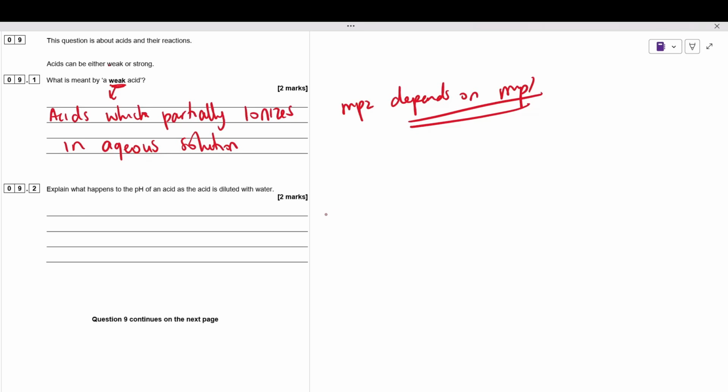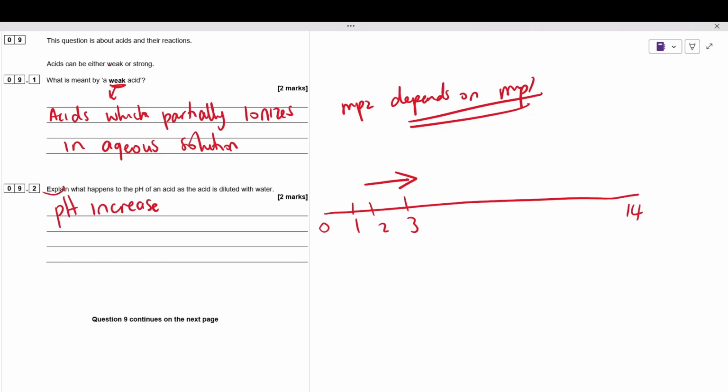Okay, so based on the pH scale, right, ranging from 0, 1 to 14. So we know that if we are adding water to an acid, the pH is going to go in that direction. So which means that the pH increases, and it's explained because the concentration of H plus decreases.